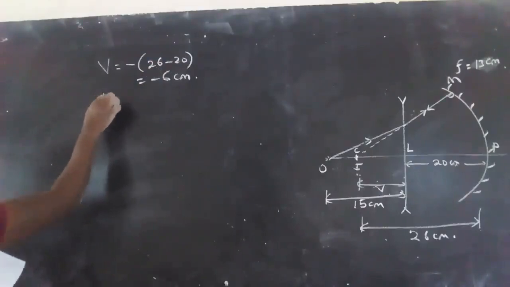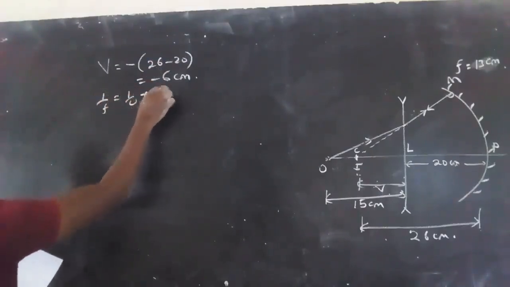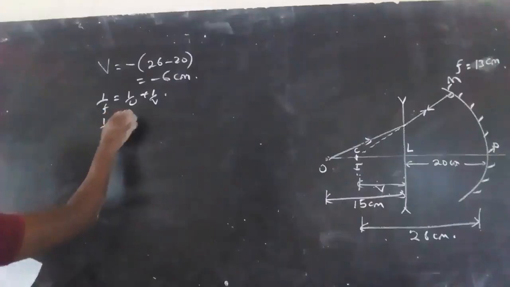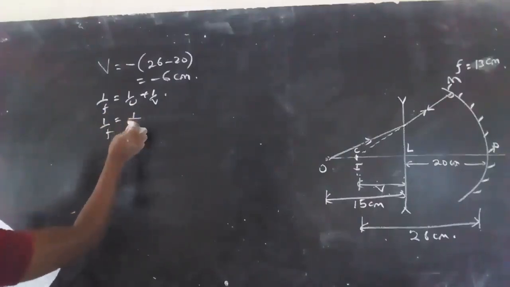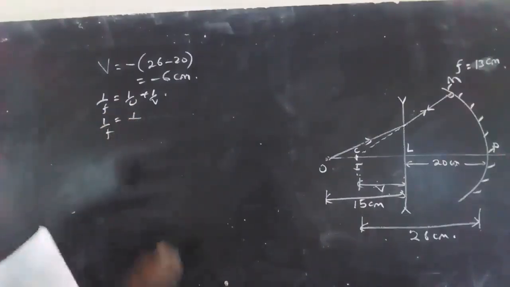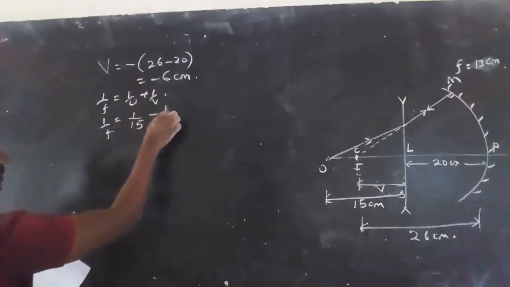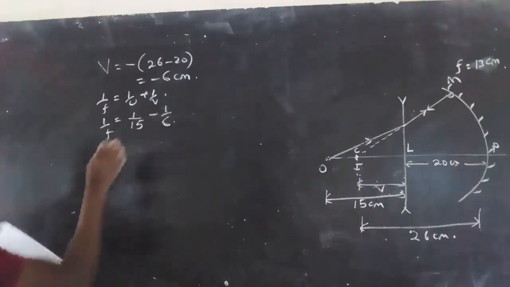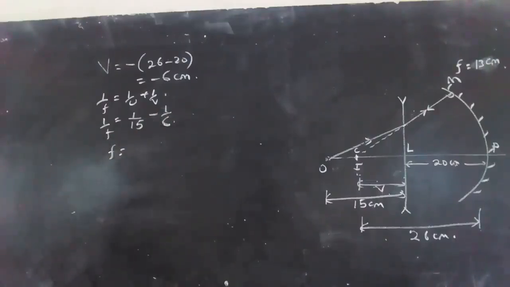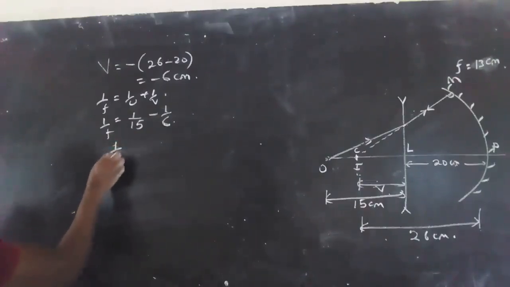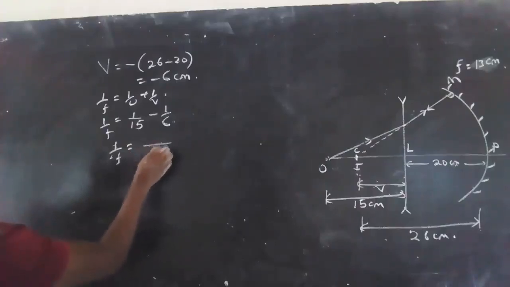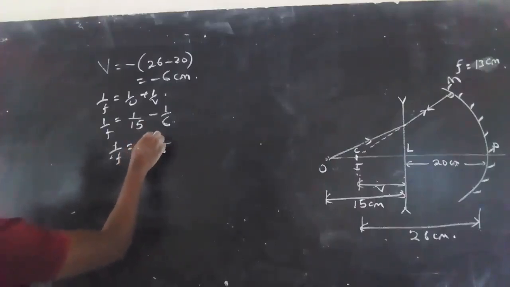So 1 over F1 equals 1 over U plus 1 over V. So 1 over F1 will become 1 over 15 minus 1 over 6. Substituting properly, 1 over F1 is equal to 2 minus 5 over 30.